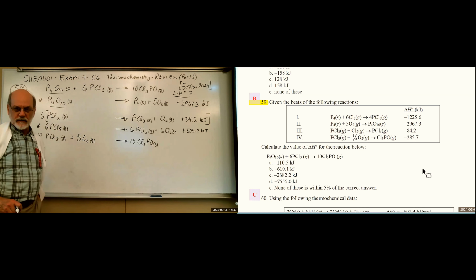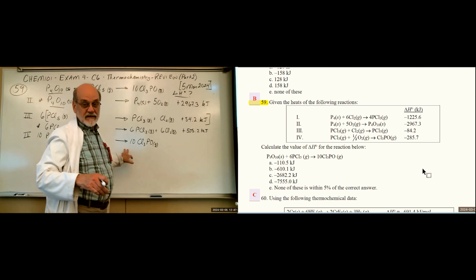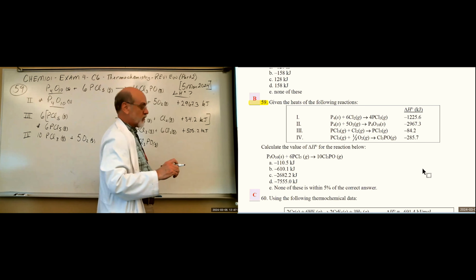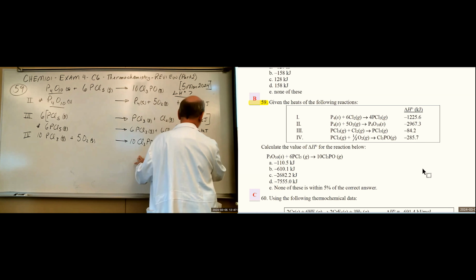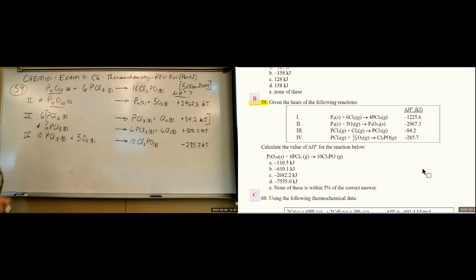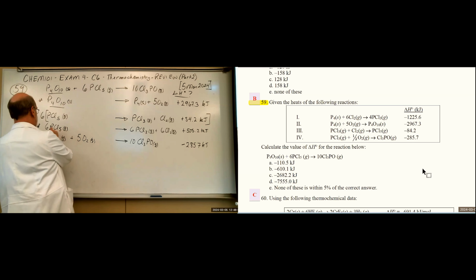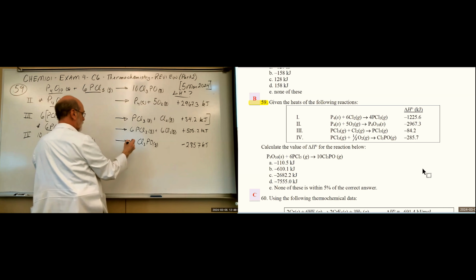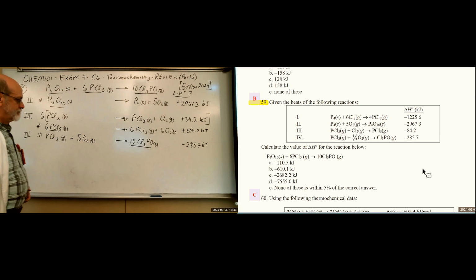So 10 times minus 285.7 would be that, correct? I went ahead and multiplied that one by 10, so we've got this one matched with that one, and this one matched with that one.